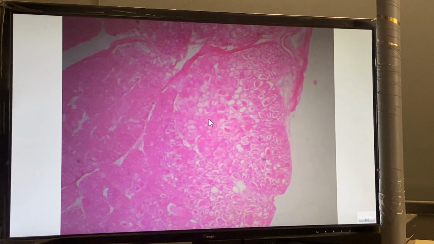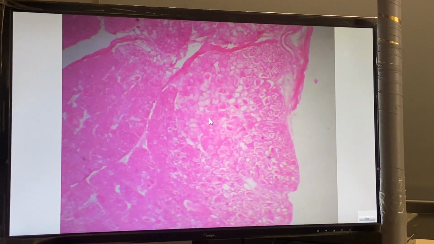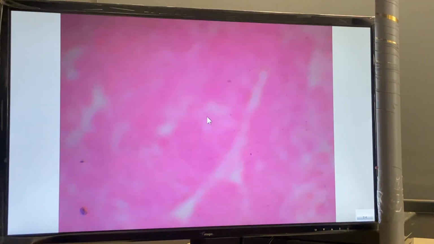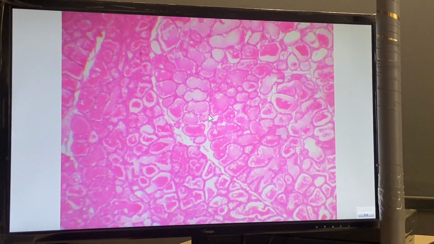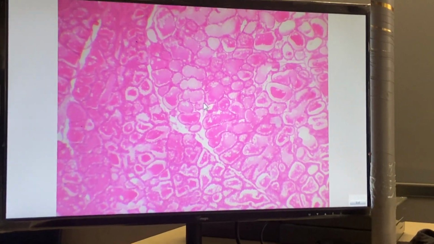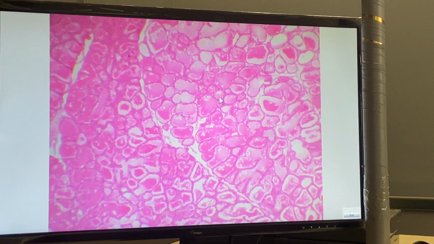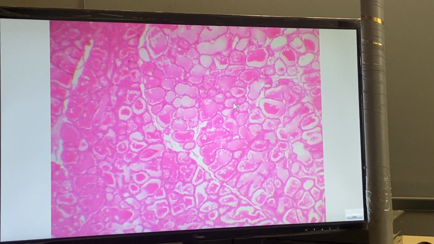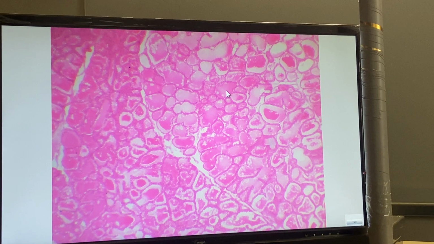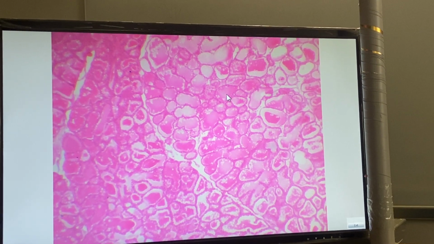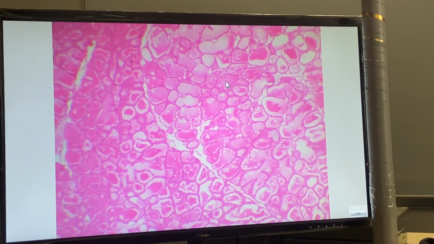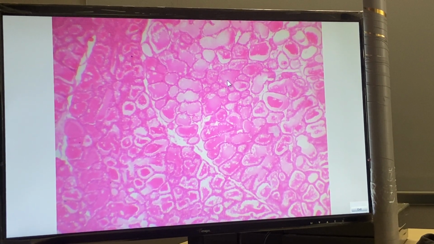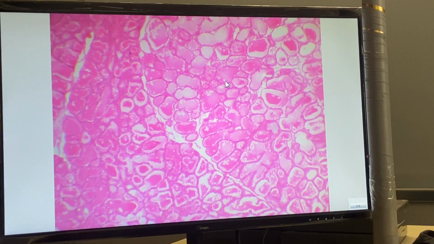The third phase is the lactation phase. This slide is section in the mammary gland during lactation. We can see the alveoli are filled with milk. Appears as an acidophilic material with vacuoles.